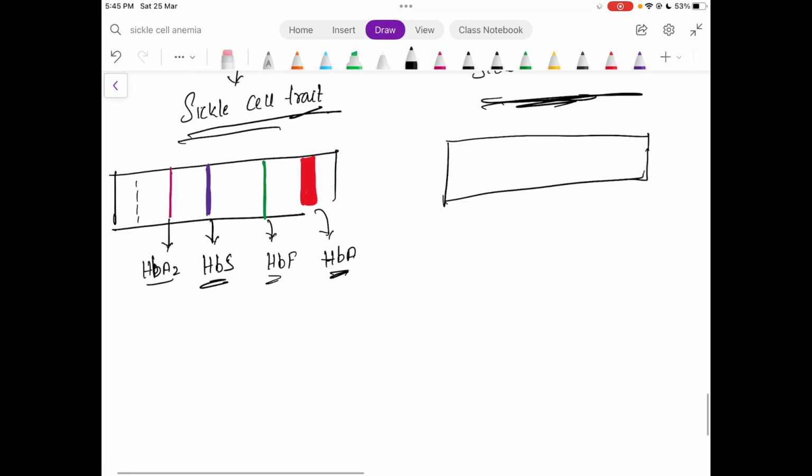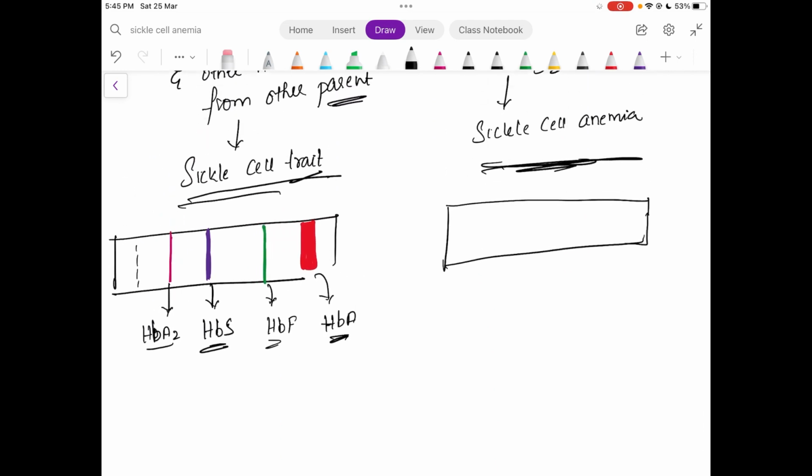But what happens in sickle cell anemia? There is no adult hemoglobin, only HbF will be there, and this is the sickle cell band, sickle cell hemoglobin, and HbA2 will be there, and this is the origin of application, the application site.